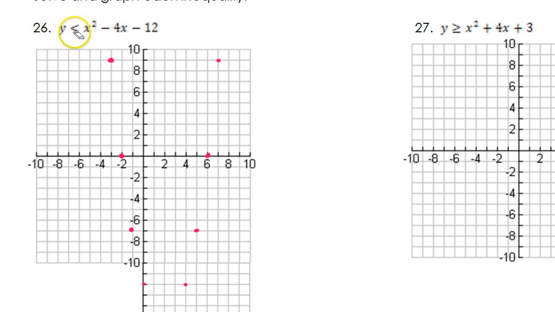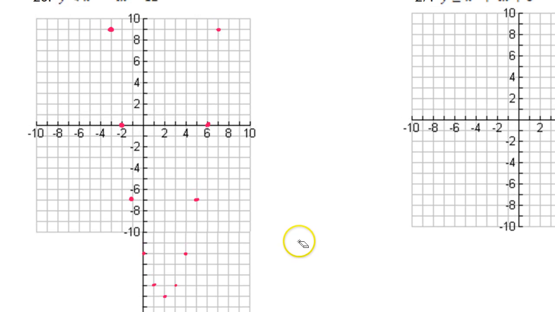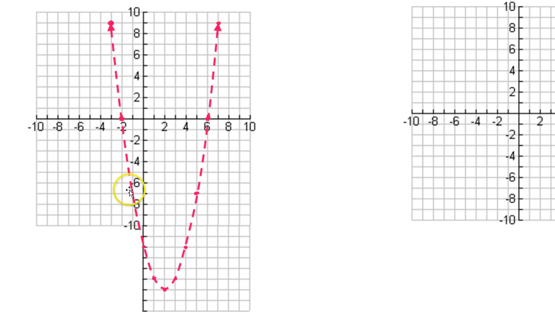Just like we have open circles when it's just less than or just greater than, and we have a closed circle when it's like greater than or equal to. Well, a dotted line is like an open circle. It shows that the border line is not to be included in the solution. So make sure you draw it as a dotted line is my point. Alright, so your parabola should be looking like this.